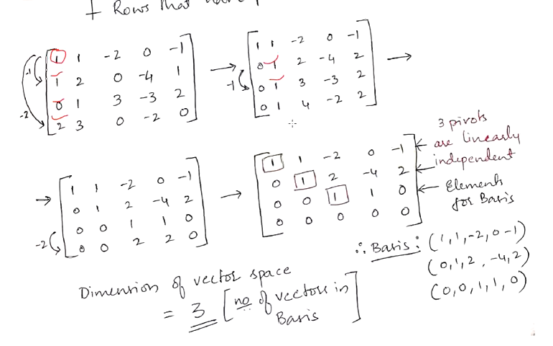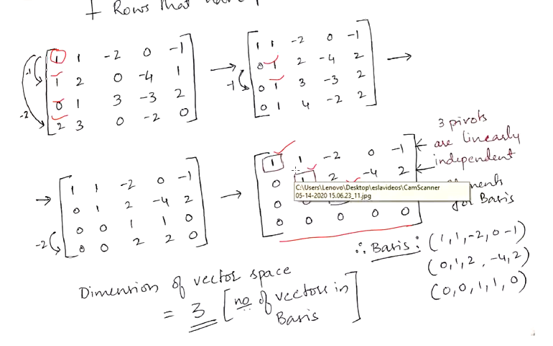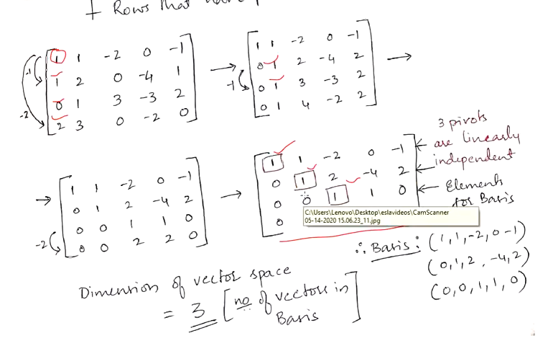Now considering the next element as a pivot, perform the row operation. Finally you get something like this. These are the three pivot elements on which we performed the row operations, and then everything else is 0. Whether you consider it as a row or a column, the pivots and the rows or columns in which they lie will be considered linearly independent.